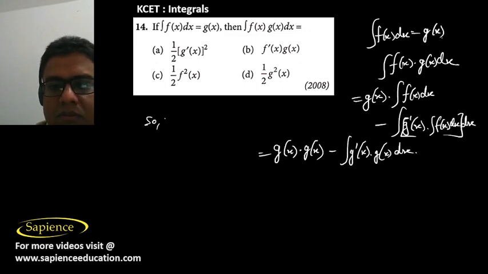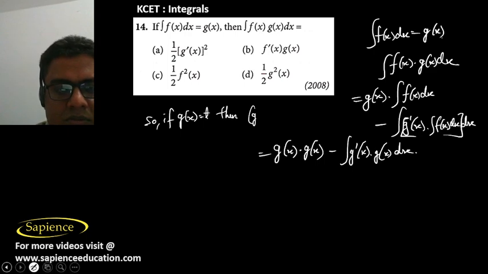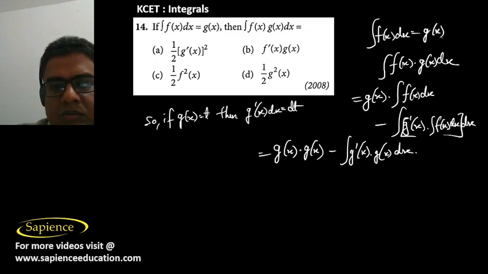So if we take g of x as t, then g dash x dx is equal to dt.